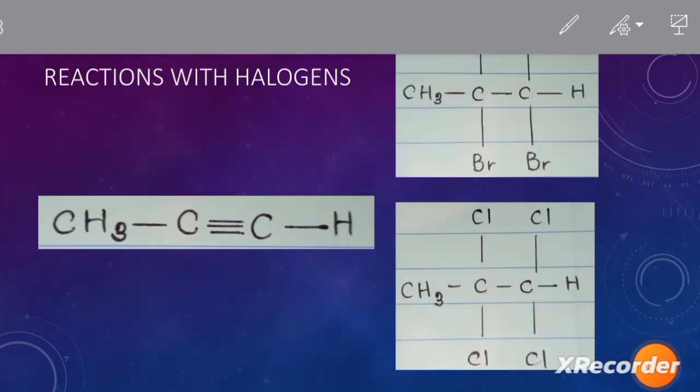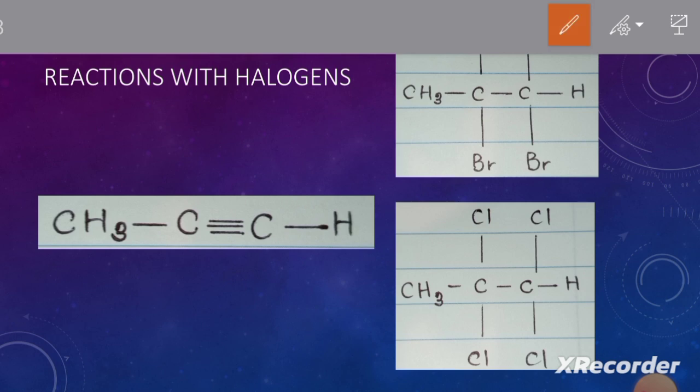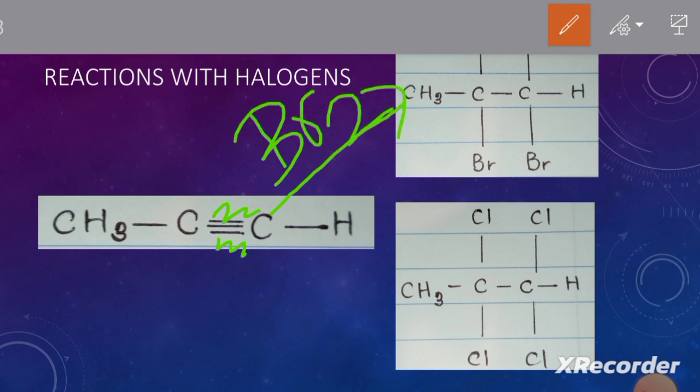When you add halogen to an alkyne, the alkyne becomes an alkyl halide. When you add Br2, two bonds break and bromine adds instead.